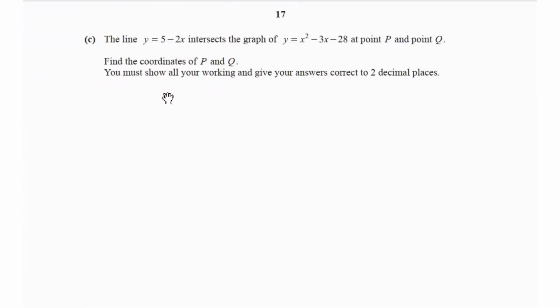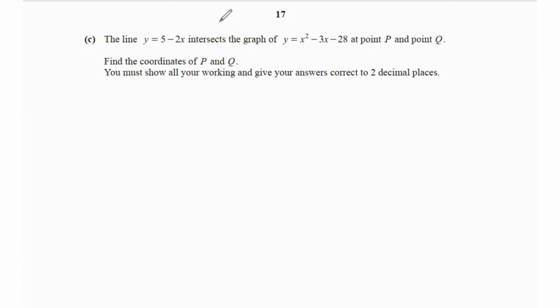It says that the line y equals 5 minus 2x intersects the graph of y equals x squared minus 3x minus 28 at point P and point Q. Find the coordinates of P and Q. You must show your working, give your answers correct to 2 decimal places, which means we'll be using the quadratic formula.